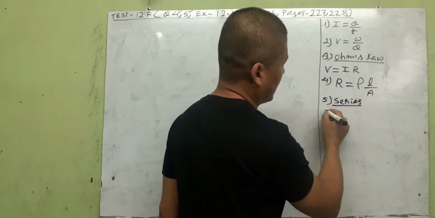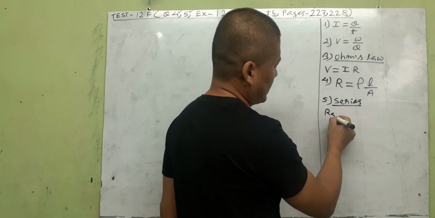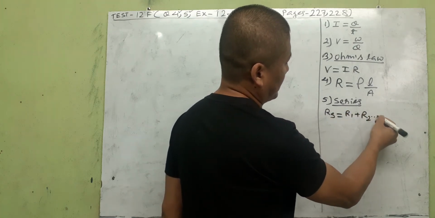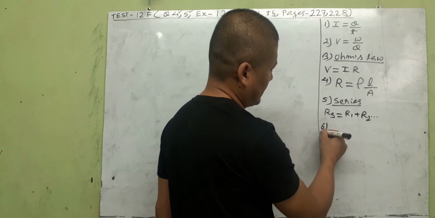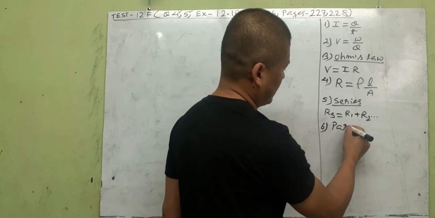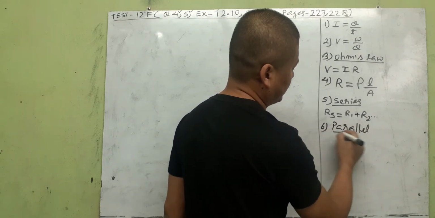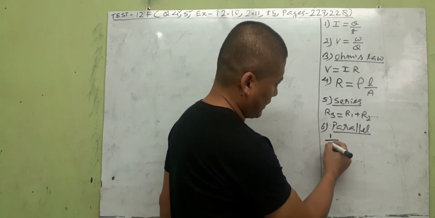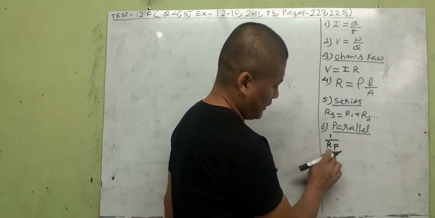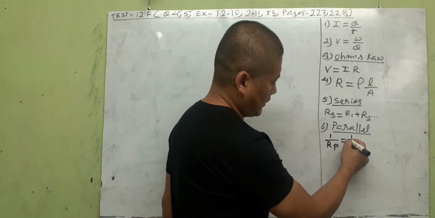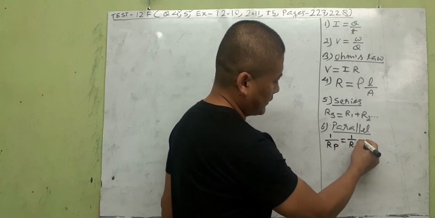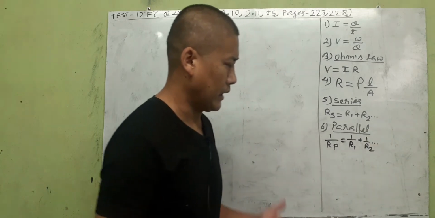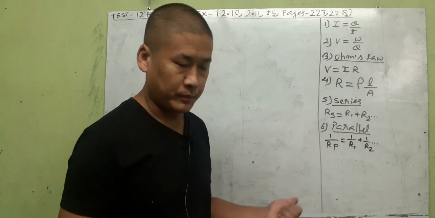Then we use the formula total resistance Rs is R1 plus R2, etc. The sixth one is if the resistors are connected in parallel, then it's the reciprocal of the total. So 1 by Rp, which is the total, is equal to the sum of the reciprocal of the individual resistances, depending on how many are there: 1 by R1 plus 1 by R2, etc.